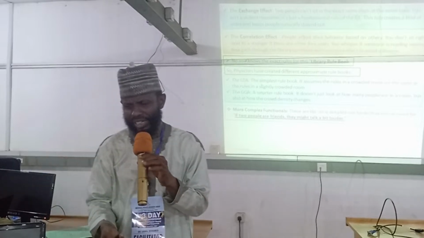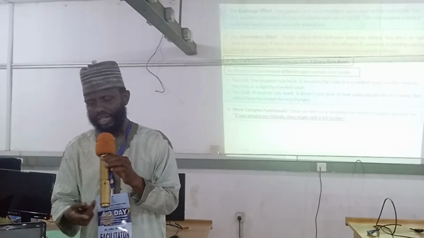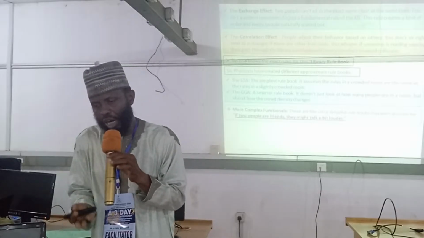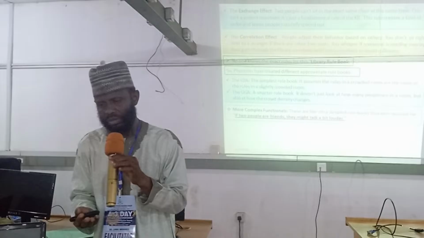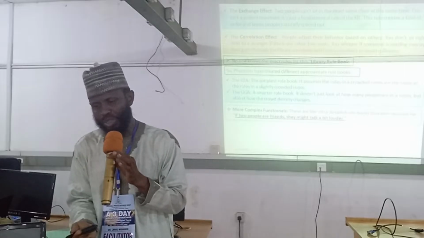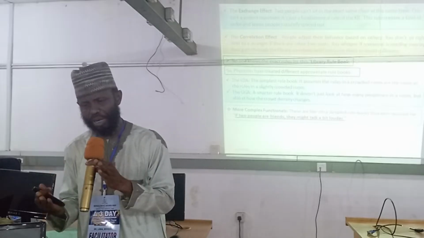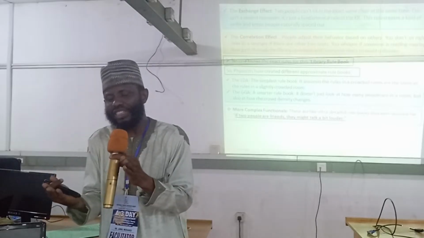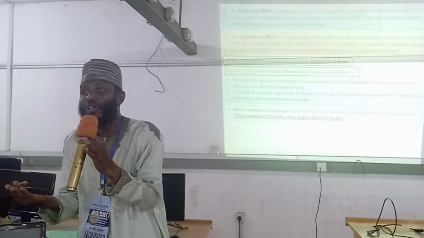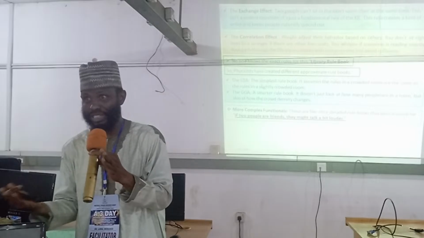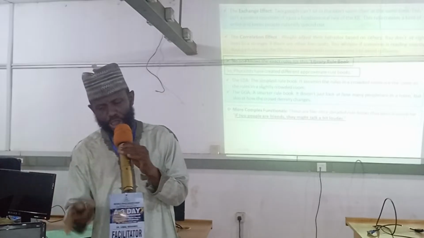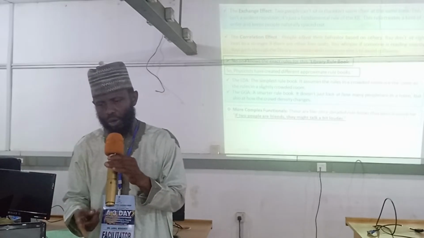So the LDA, the simplest rule book, assumes the rules in a crowded room are the same as the rules in a slightly crowded room. So you can see how bad this approximation is. GGA is a smarter rule book.